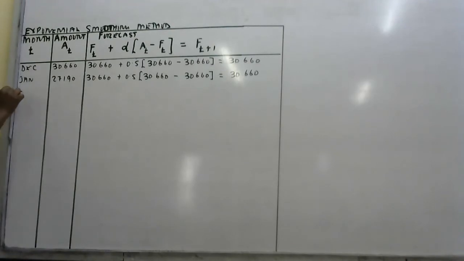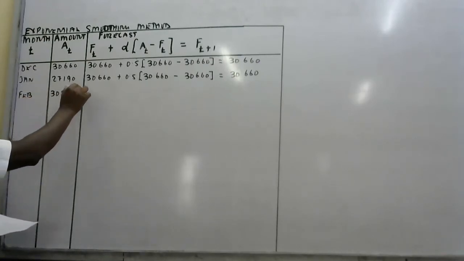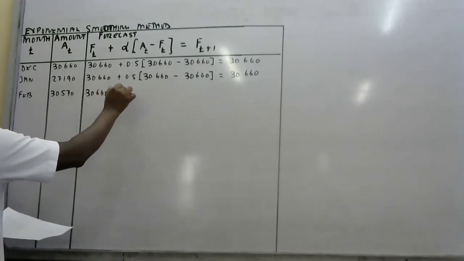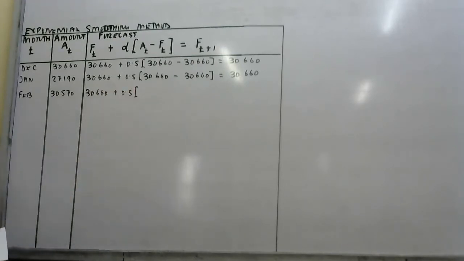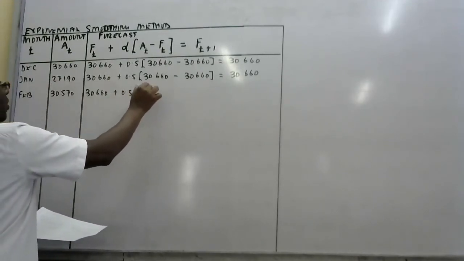We go to February. February, we have 3570. When you're in February, January is the previous period. So the forecast is 3660 plus 0.5. The actual for January was 27,190.